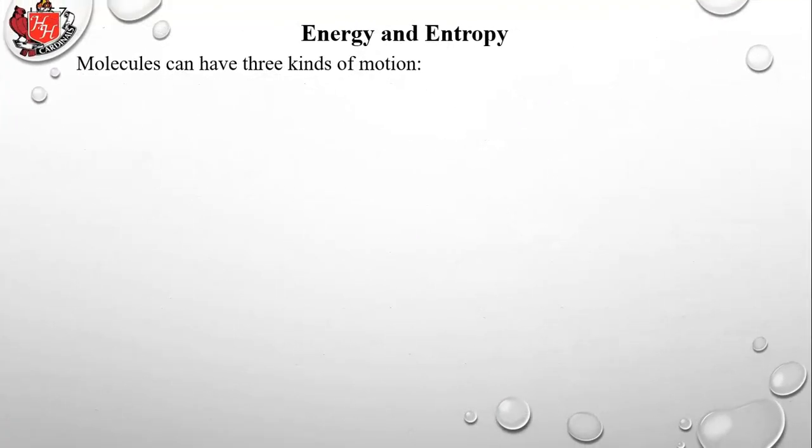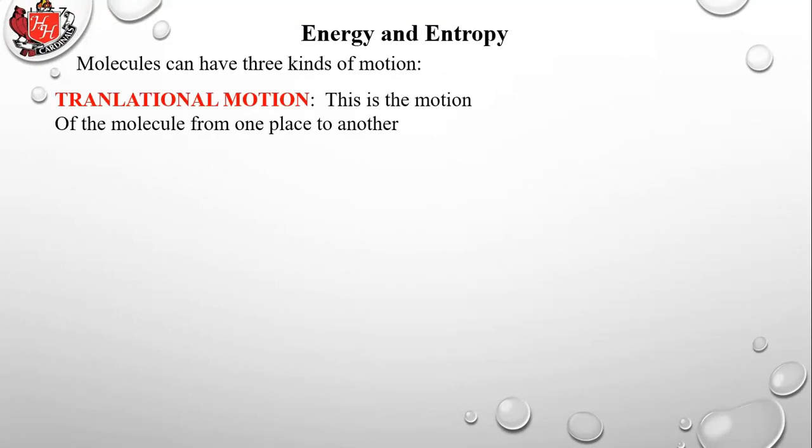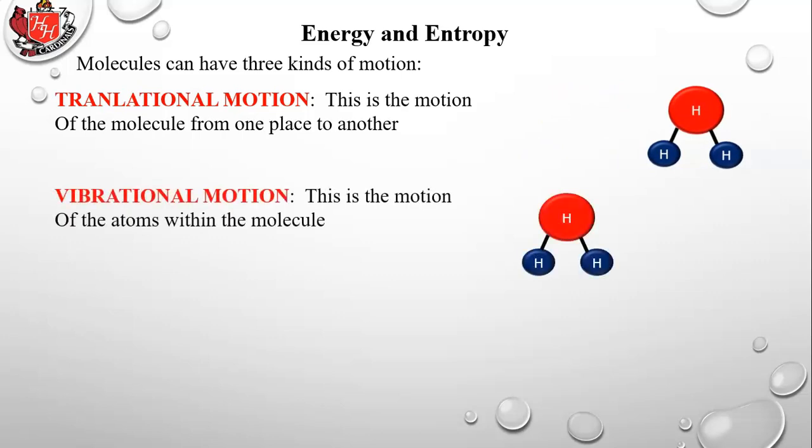So molecules can have three kinds of motion. Translational motion, this is the motion of a molecule moving from one place to another. So this is an example right here. It moves from there to there. That's a translational motion. Vibrational motion, this is the motion of the atoms in a molecule moving around, and the molecules staying in the same place, but the atoms in relation to each other are vibrating.